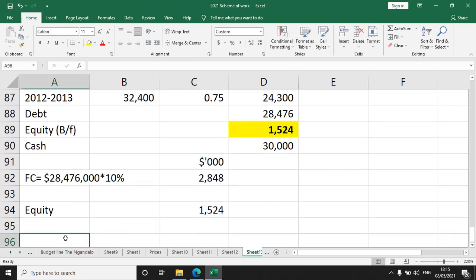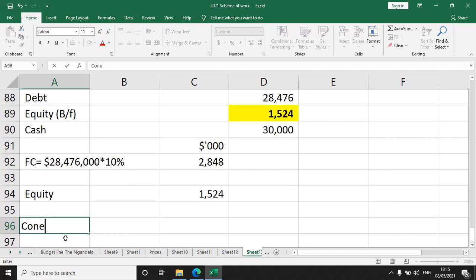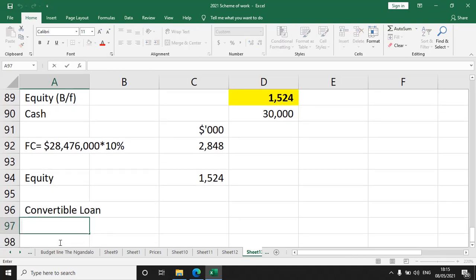And then in terms of convertible loan amount to be included in our non-current liabilities, we are going to do the following, and you have to listen carefully. We are going to get the same 28,476. We are going to add the effective interest, which is 2,848. Then we're going to less the nominal interest, which we were finding here.